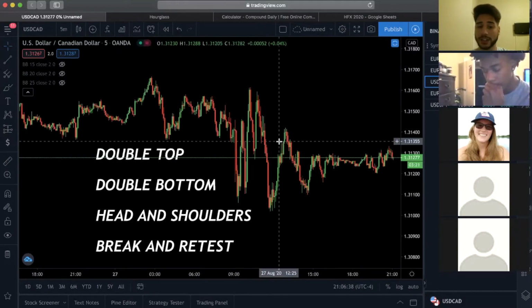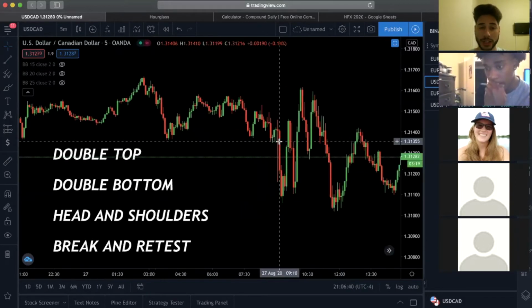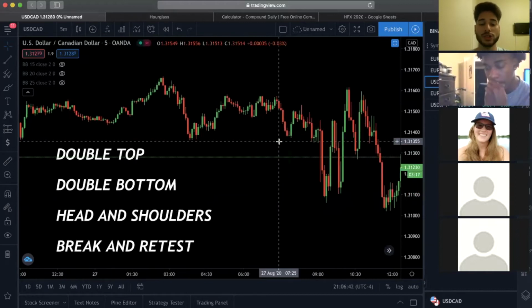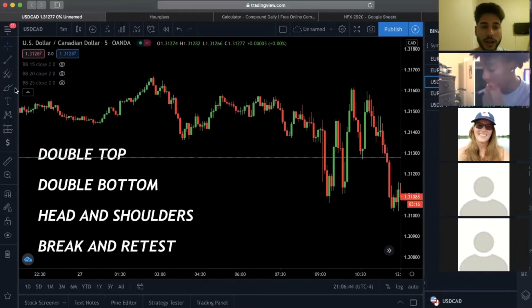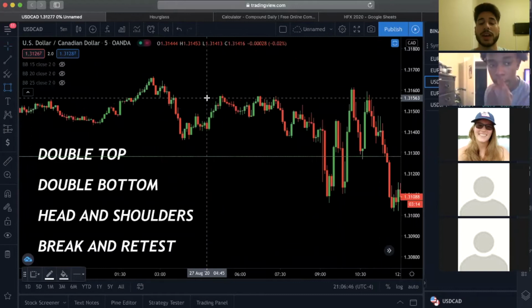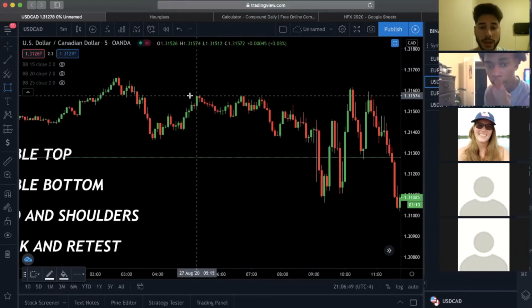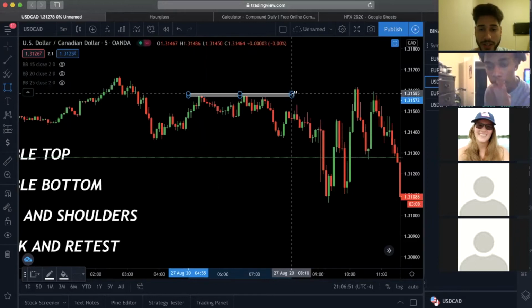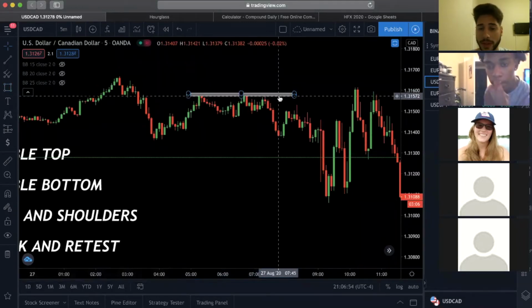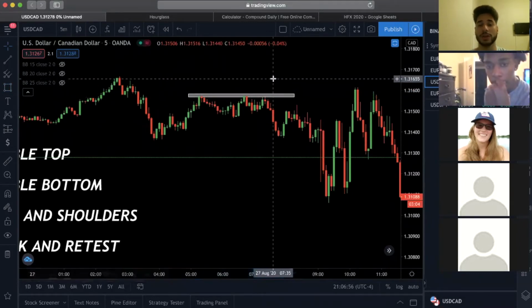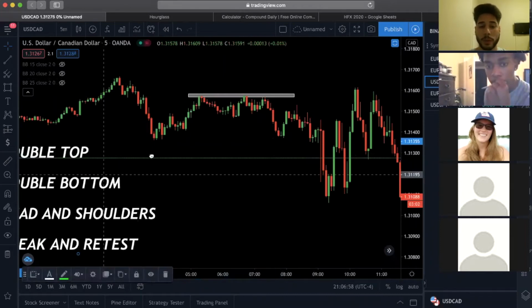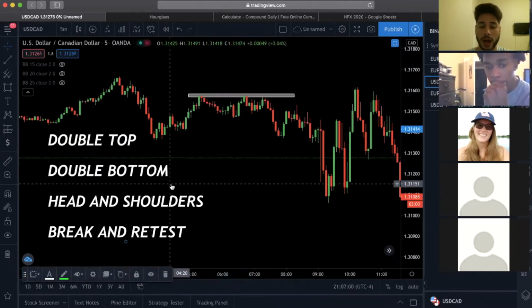So what I do is I hop on TradingView and then I look for an area where I feel like the market is going to go down. Right here, this is a double top. You can basically call this a triple top if you wanted. Boom. That's one of the 4 pillars, the double top version.